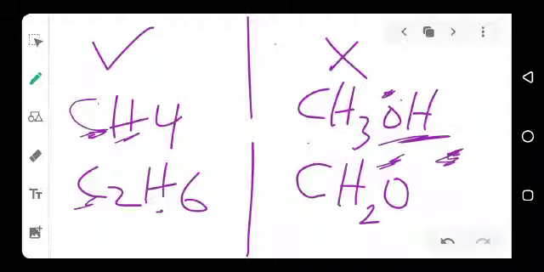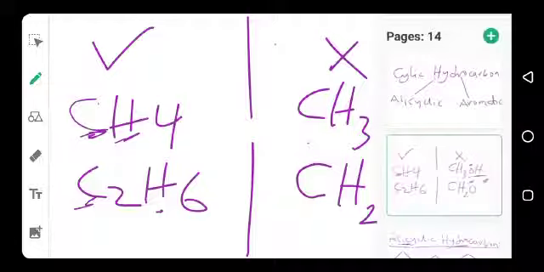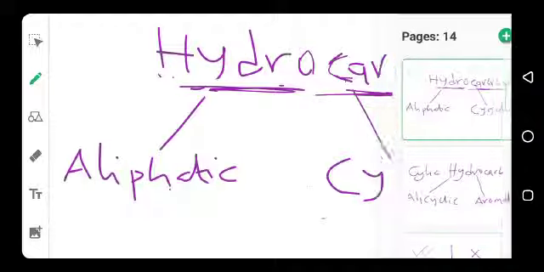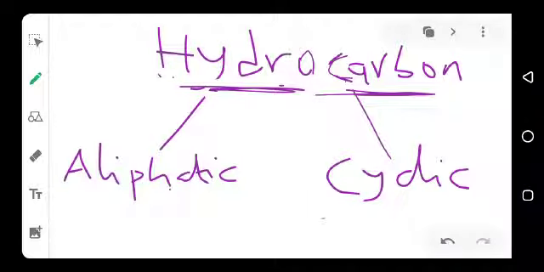Okay, so hydrocarbons are actually made up of two groups. We have aliphatic hydrocarbons and we have cyclic hydrocarbons. What is an aliphatic hydrocarbon and what is a cyclic hydrocarbon?